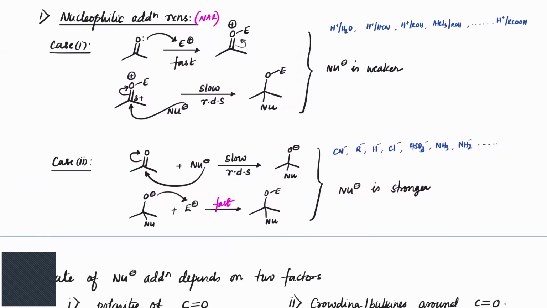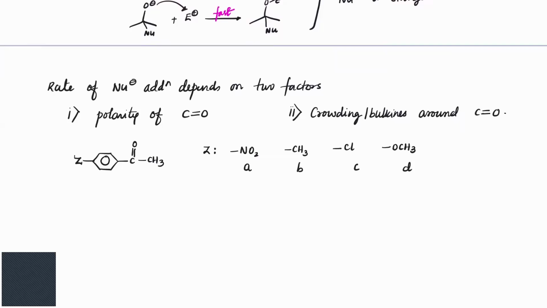Now, whether it is the first case where acidic medium is used or the second case where the nucleophile is used directly, the rate of nucleophilic addition always depends upon two important factors. First, how much polarity is developed on C double bond O?